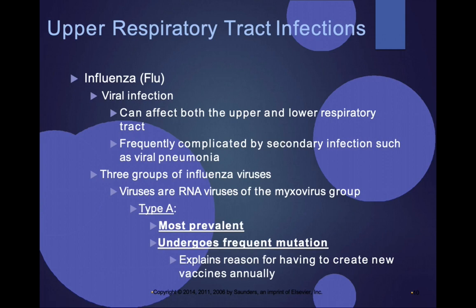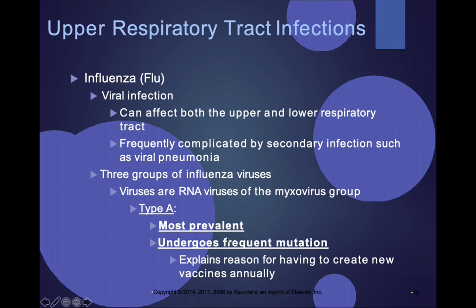With influenza or the flu, it's a viral infection. It can affect the upper and the lower respiratory tract, frequently complicated by secondary infections such as a viral pneumonia. And there are three groups of influenza viruses, type A, B, and C. The one that we'll focus on is type A because it's the most prevalent.